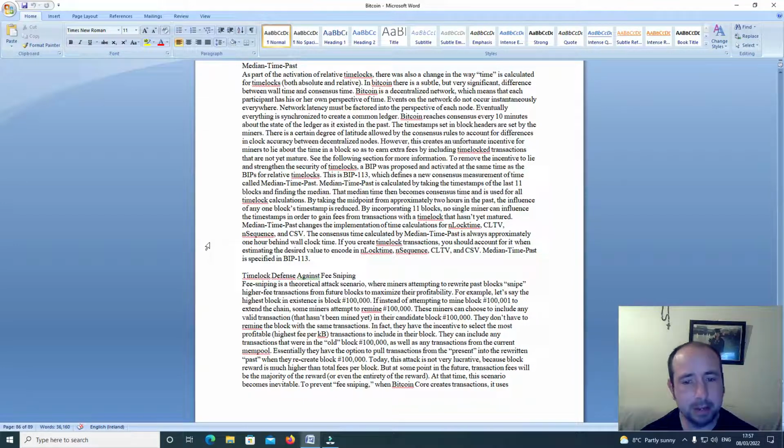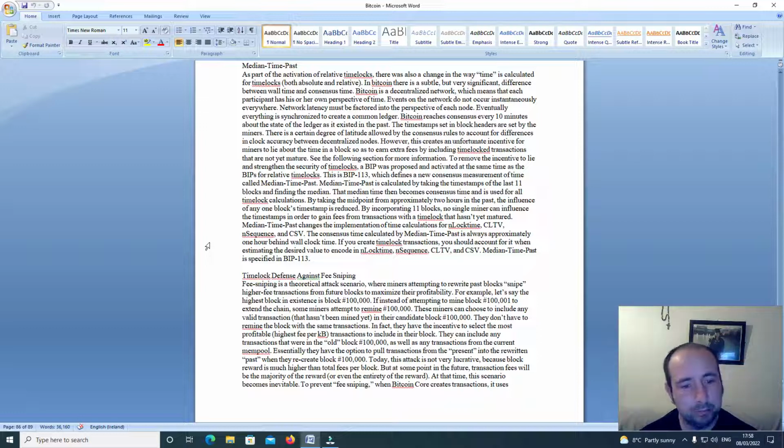By taking the midpoint from approximately 2 hours in the past, the influence of any one block's timestamp is reduced. By incorporating 11 blocks, no single miner can influence the timestamps in order to gain fees from transactions with a time lock that hasn't yet matured.